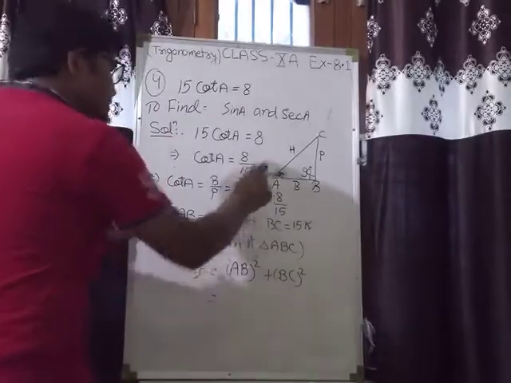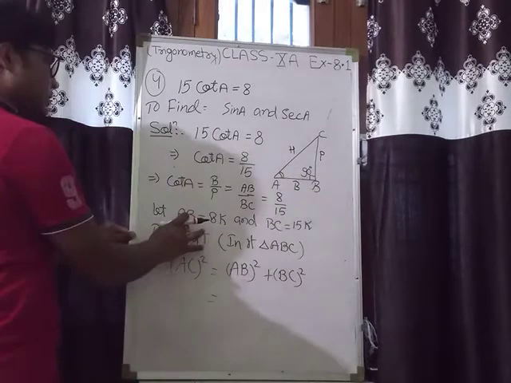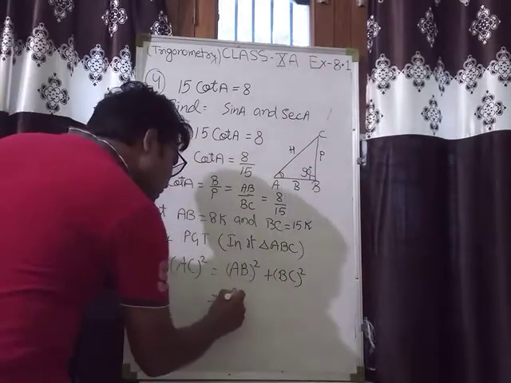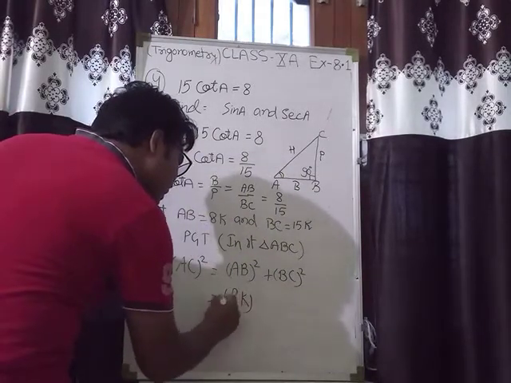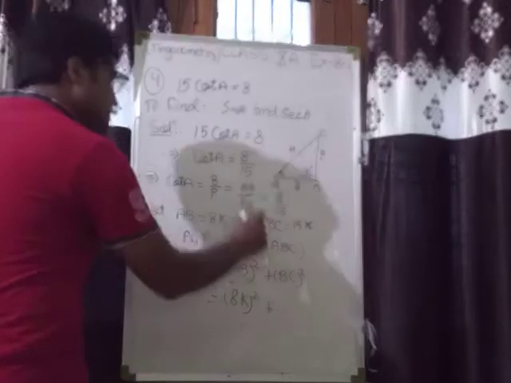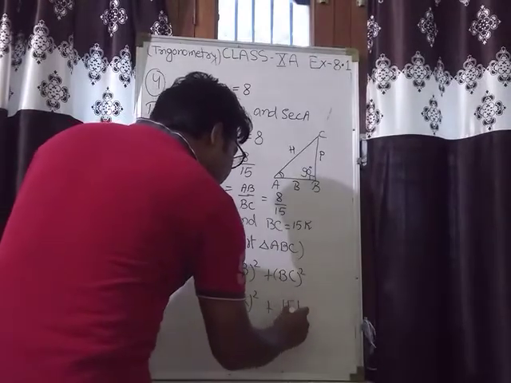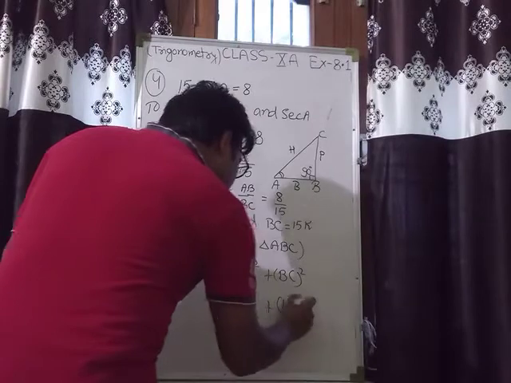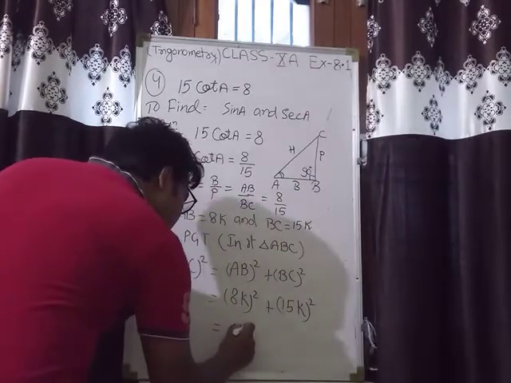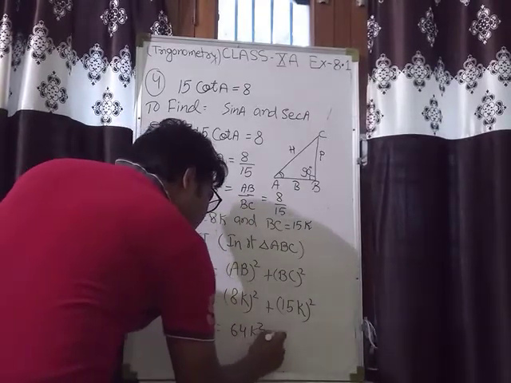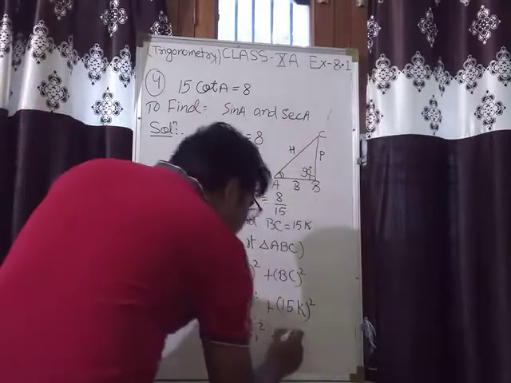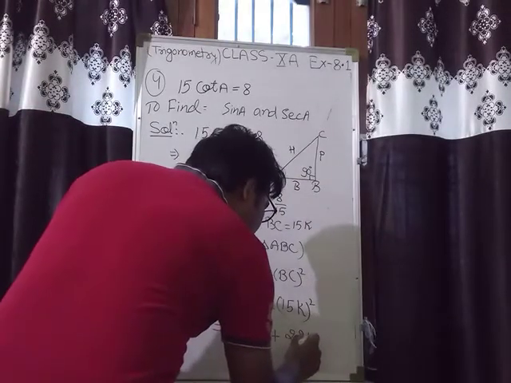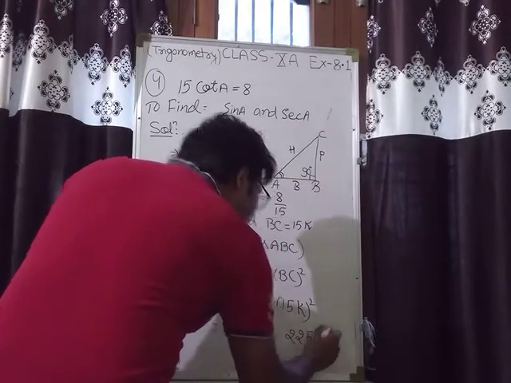So AB is 8K square and BC is 15K square, that is 64K square and 225K square.